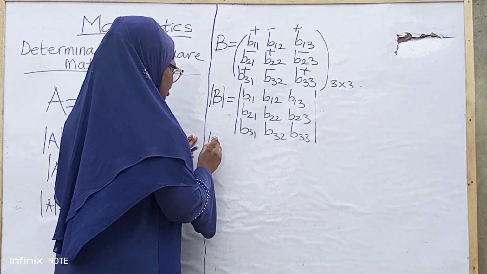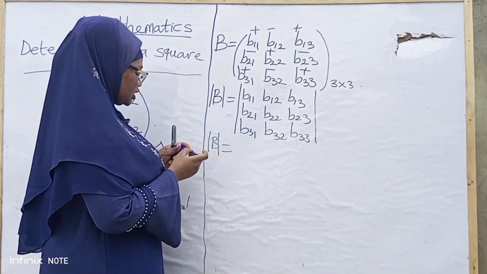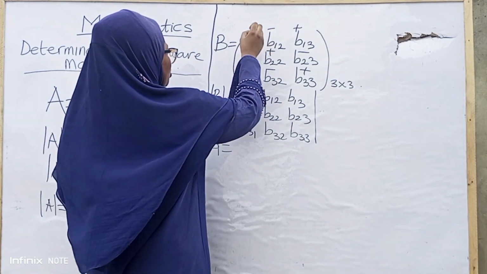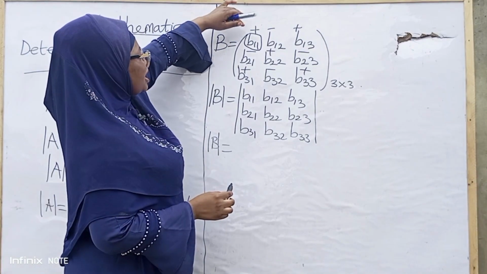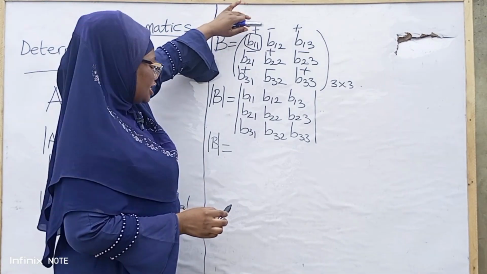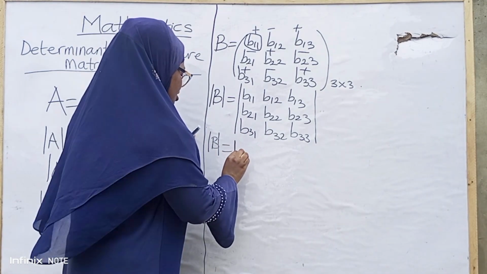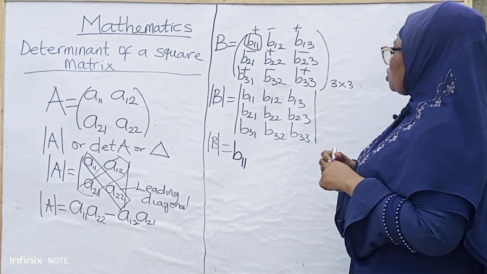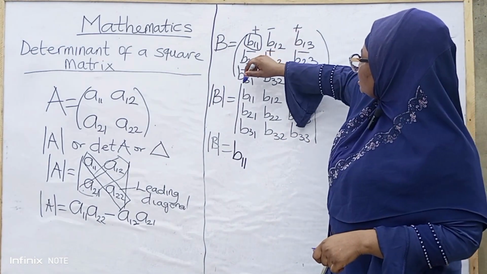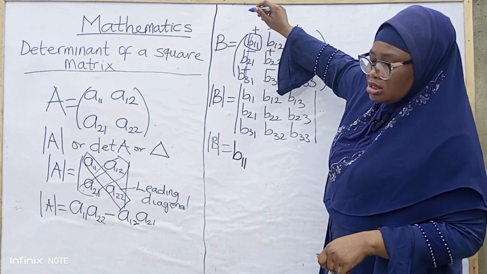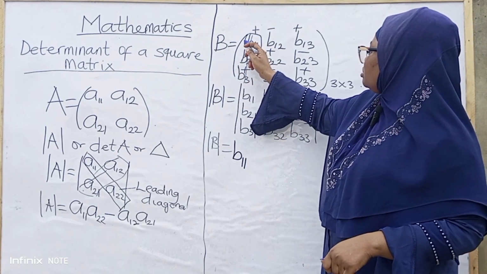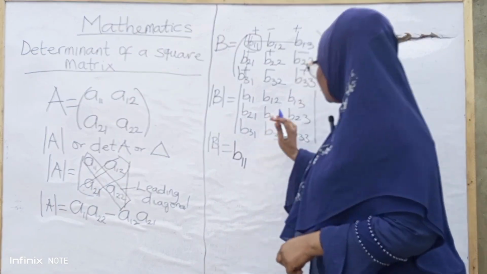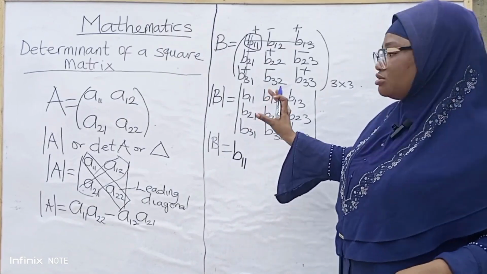The first thing we do is write the first element, B11. Remember it has a plus as its sign. Then you cover where it belongs vertically, and you cover where it belongs horizontally. So it remains, and you now find the determinant of the remnant.